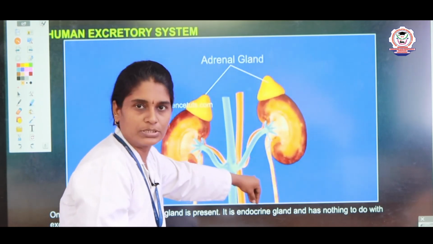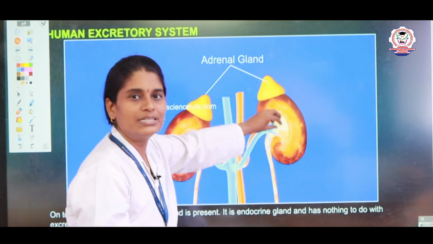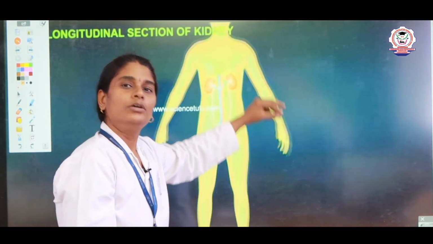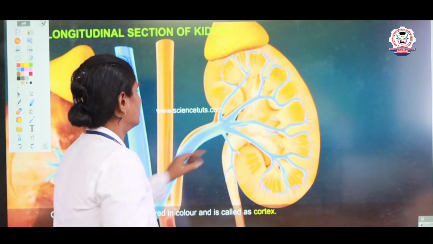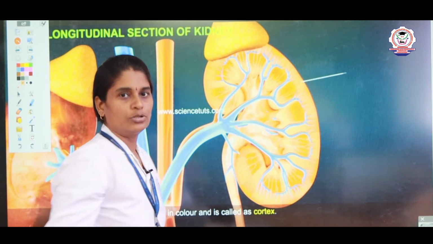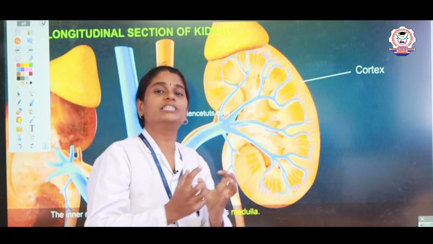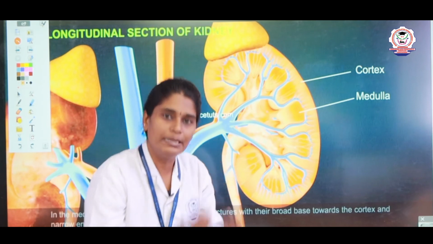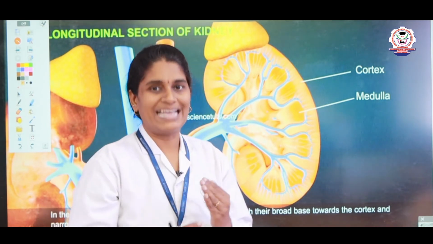One end of each ureter is connected with the kidney and the other end with the urinary bladder. Both ureters are connected to the urinary bladder. Once the urinary bladder gets filled, the urine is excreted through the opening known as the urethra.